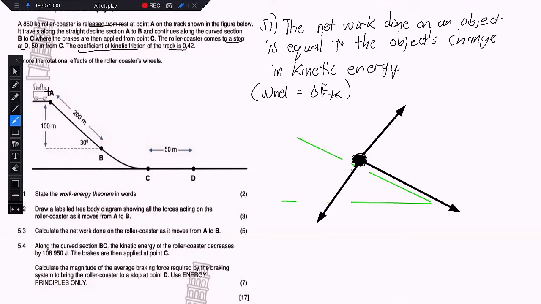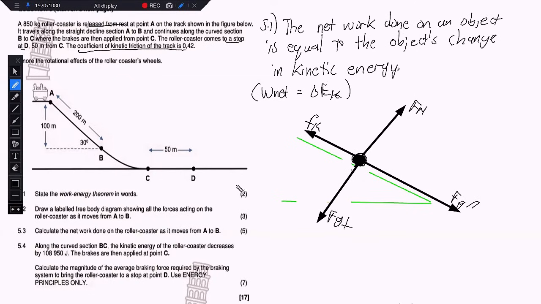Right. And then this is going down, so I have to have my kinetic frictional force acting that way. So this will be Fk, this will be the normal force, this will be Fg parallel, and then here I have Fg perpendicular, right?